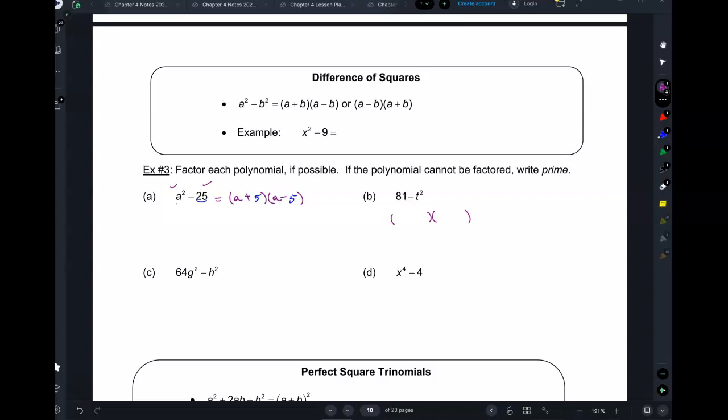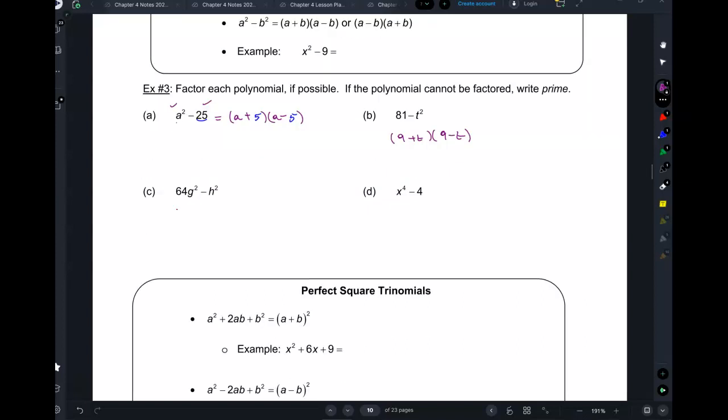What do we get for this one? Yeah, 9 plus t and then 9 minus t. Exactly. All right, so what about for this one? What do you guys think? 9 minus t? If it's a positive... so you take the square root. There has to be a minus in the middle for you to be able to do this. You take the square root, 9, you take the square root, t. One has to be a plus, one has to be a minus.